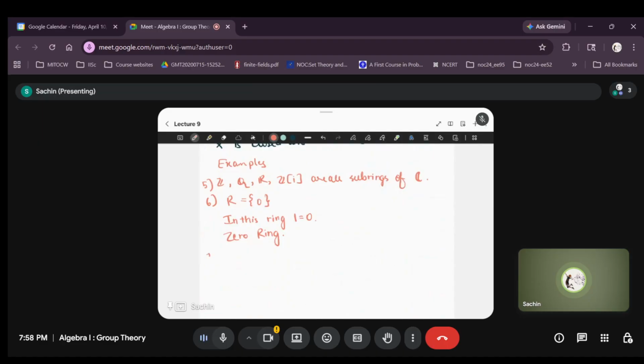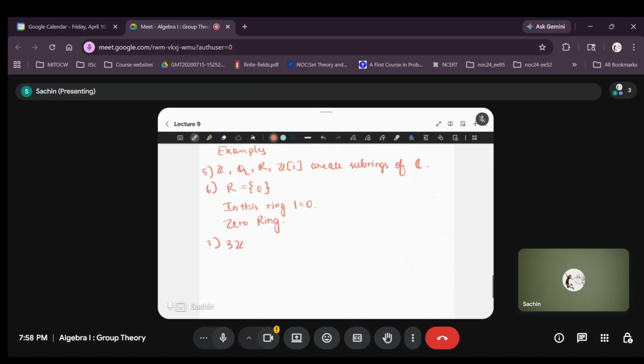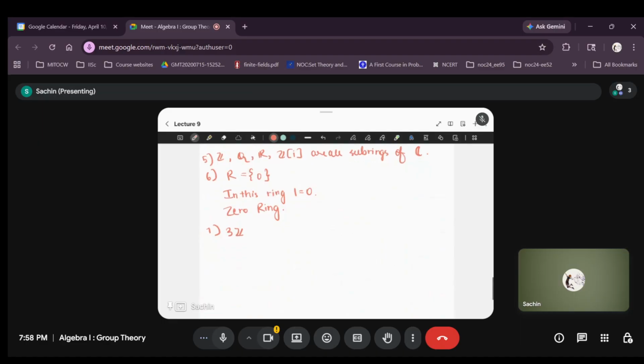So now, CZ is the set of all multiples of 3, integer multiples of 3.